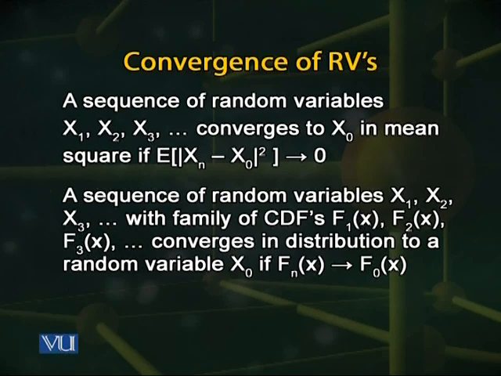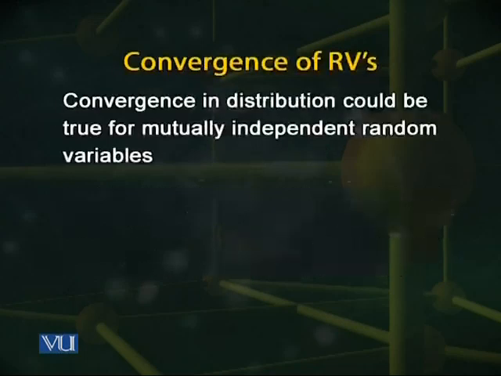In this particular case, this collection of random variables can be independent of each other. Only requirement is that if you have a collection of x1, x2, x3 going towards infinity, then the CDF of this collection of random variables becomes closer and closer to the CDF of destination random variable x0.